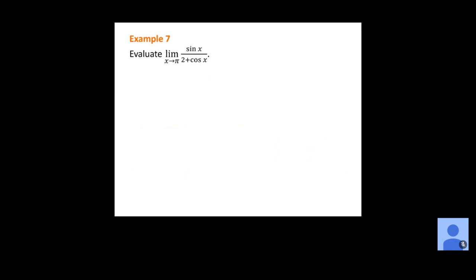All right. And now we want to find the limit as x approaches pi of sine of x over 2 plus cosine x. All right, so how are we going to find that limit?